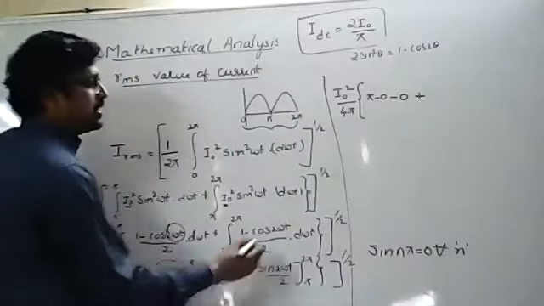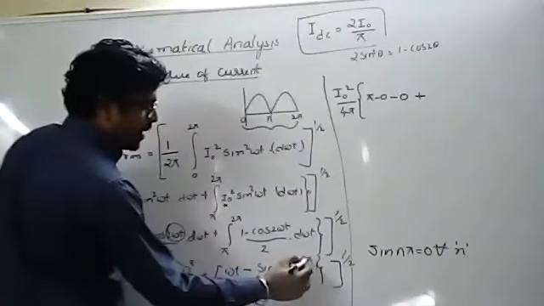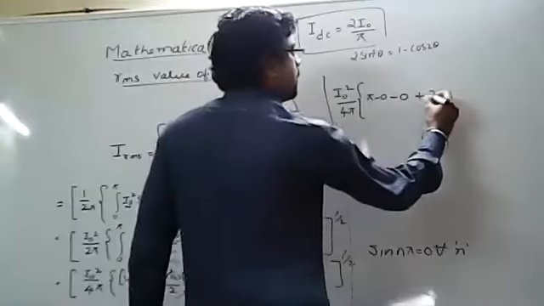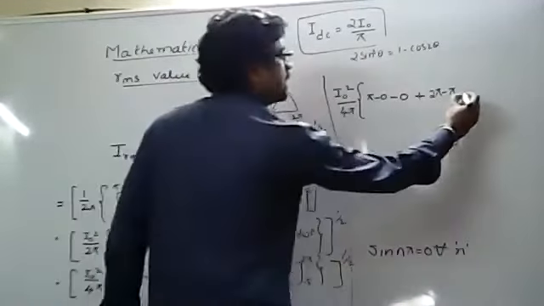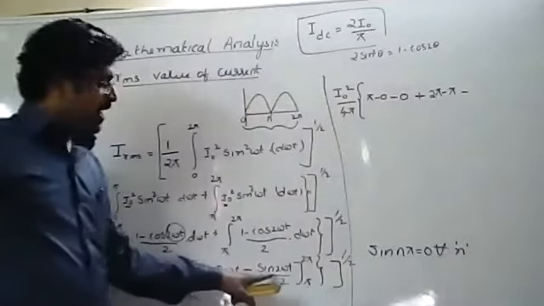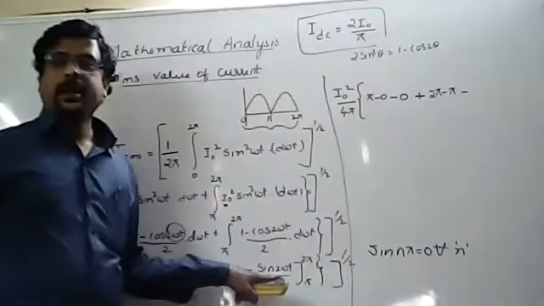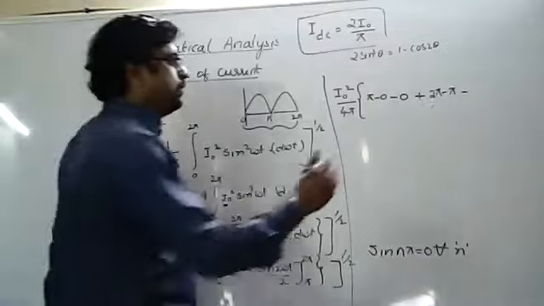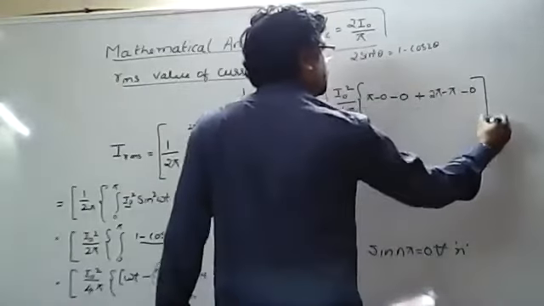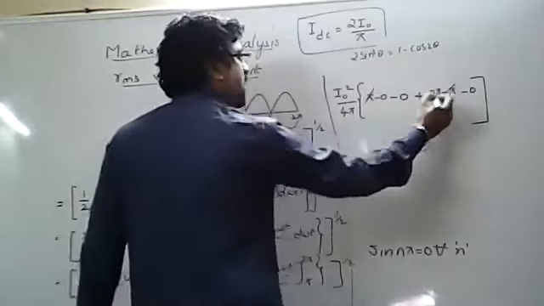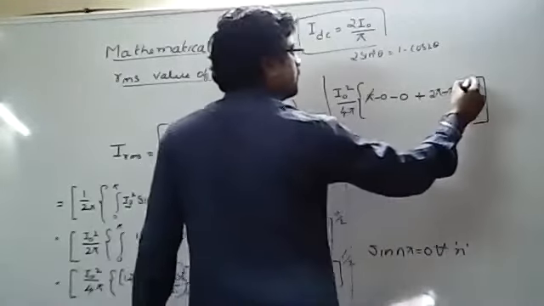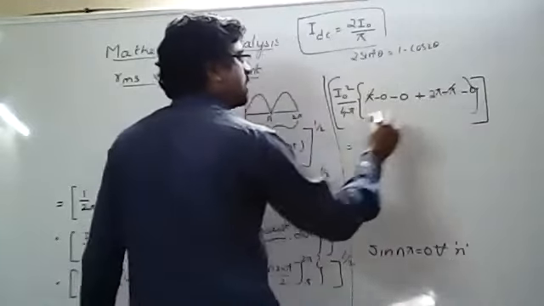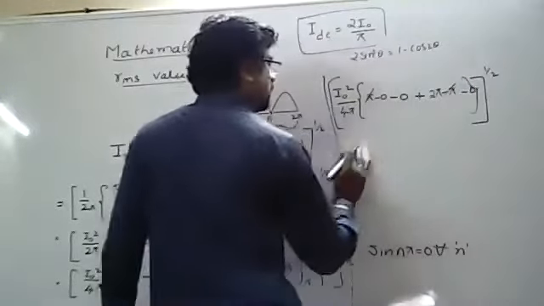Plus omega t is there. So omega t means what? Again 2 pi minus pi. Again minus sine 2 pi, again sine n pi. N pi value is what? 0. Plus pi minus pi get cancelled. So this complete is under root 1 by 2.